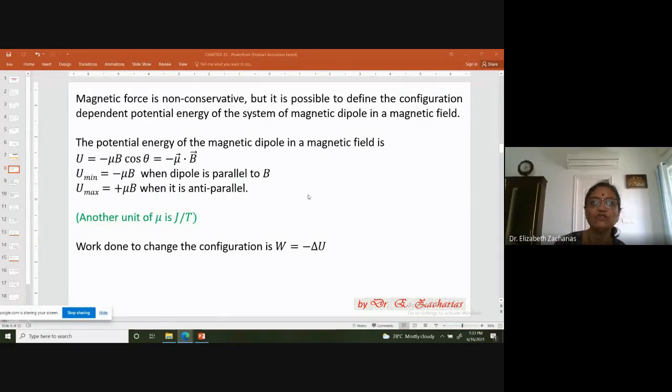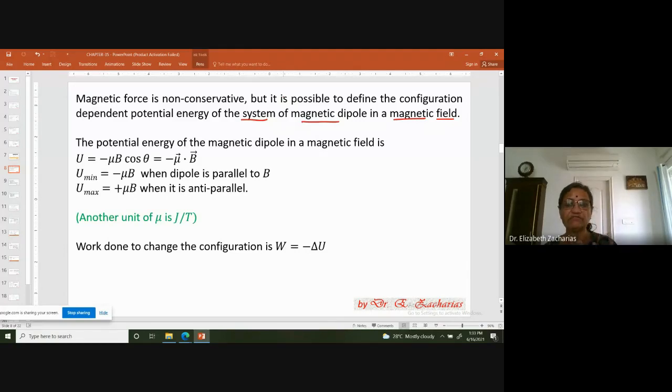Then at this point, we also said that magnetic force itself is a non-conservative force. But then you can talk about a system consisting of the magnetic dipole in an external magnetic field. Now, this is a system which is conservative.